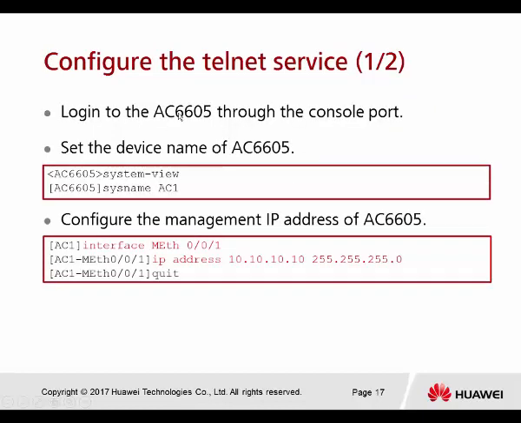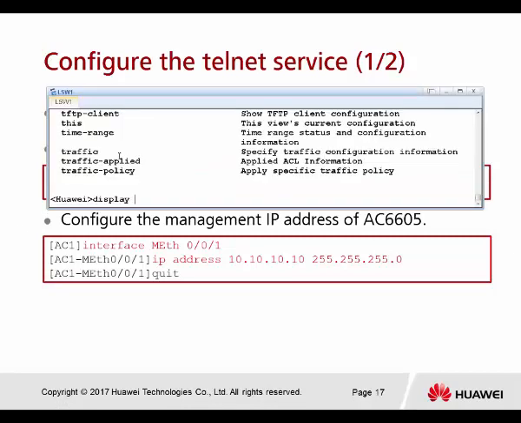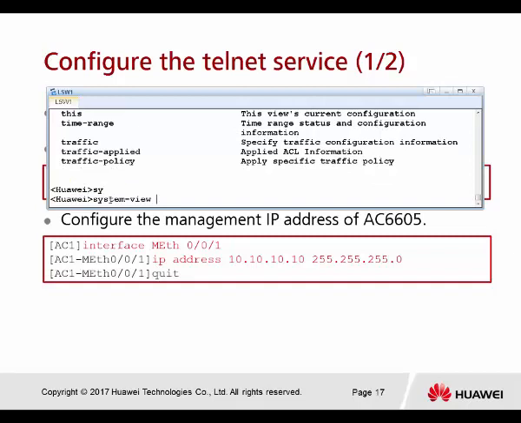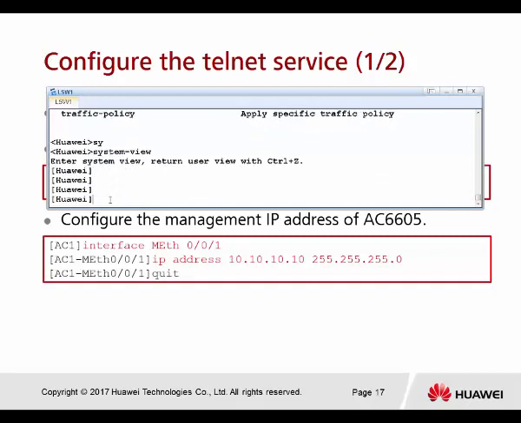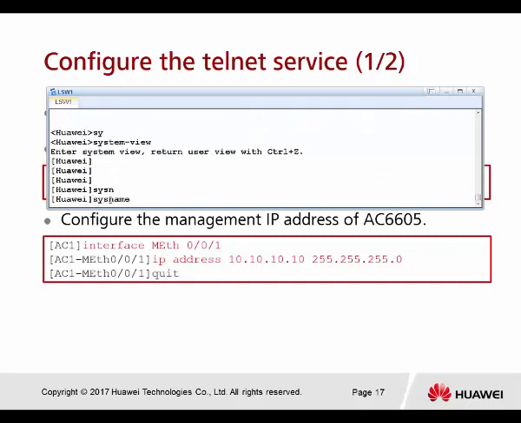So log in to the AC through the console port. Now the first step, you can use the command sysname to rename your controller. Right now, the default name for the Huawei system is Huawei, and this is not the name that I want. So I enter the system view, type the command sysname, and change the name.